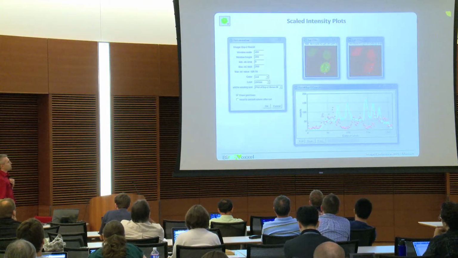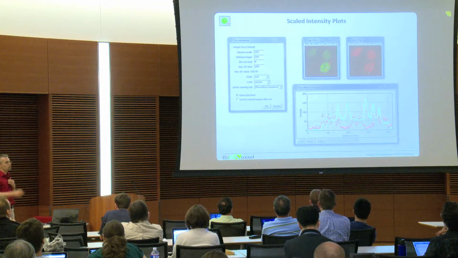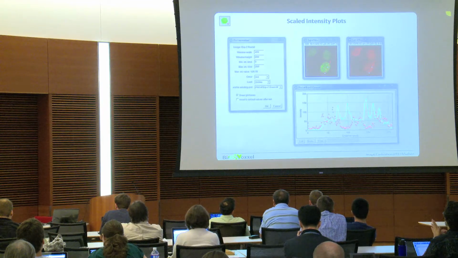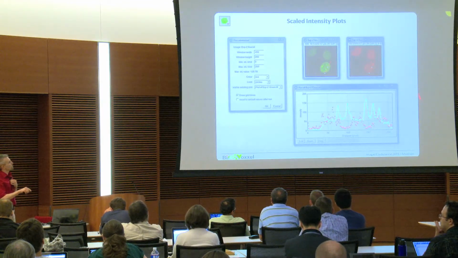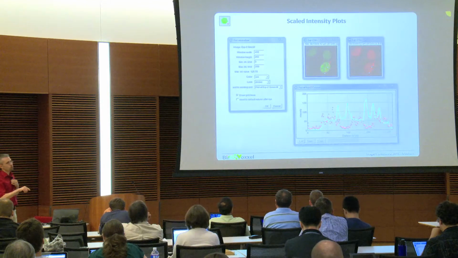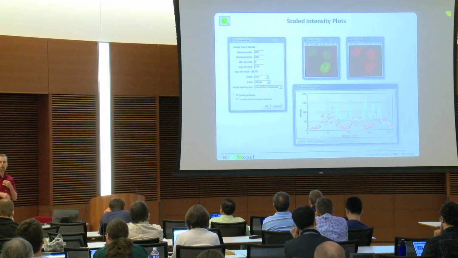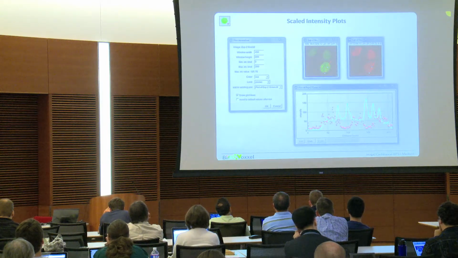You have some plots. I need to update that because of the nice function Wayne mentioned in the morning, that we can now zoom in and zoom out of those plots. That is a little bit affected by that. But basically with these plots you have the chance to put the plots from many images and lines as an overlay to compare them, for example, comparing coincidence in specific areas.